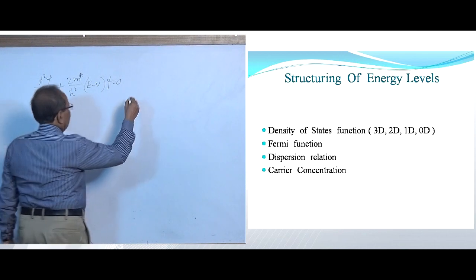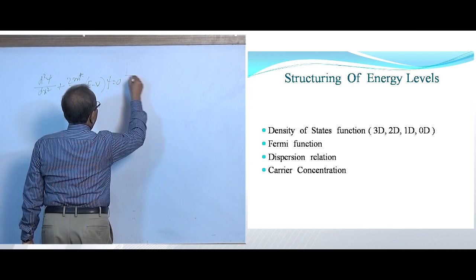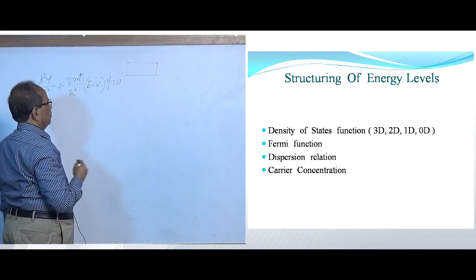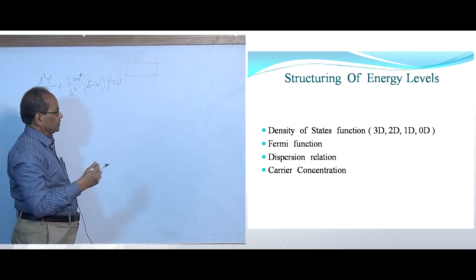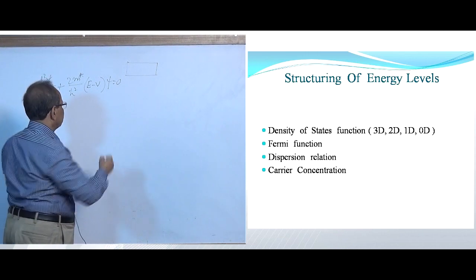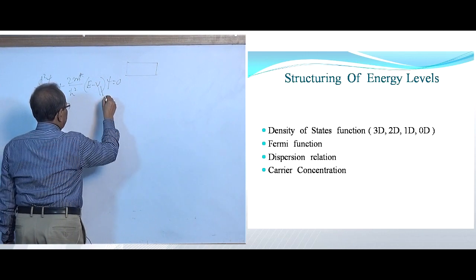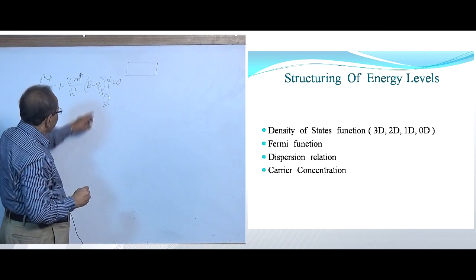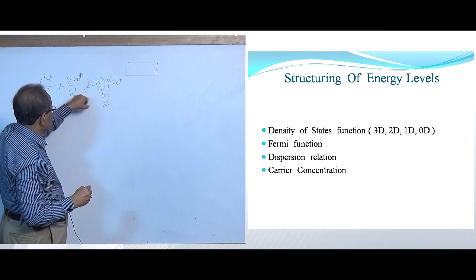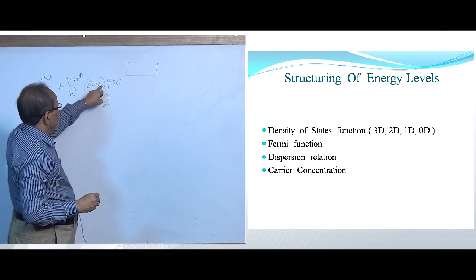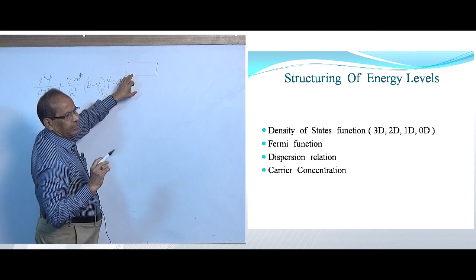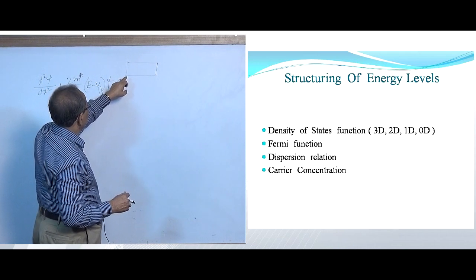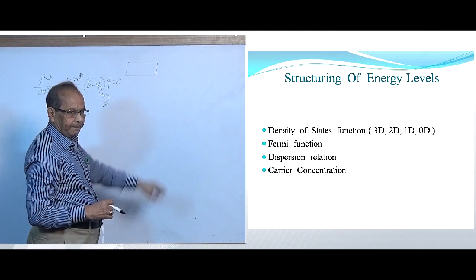Now, if in a material, I am taking a material, if it is free in all the directions, the x direction, y direction and z direction, then the potential energy may be taken as a reference as 0. It is under no force field, that is why it is called free. So if we consider electrons only, then the electrons are moving in a force-free field.